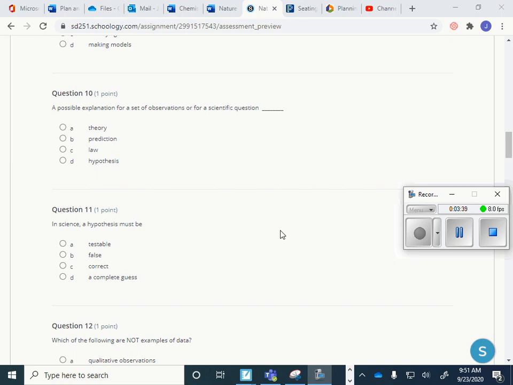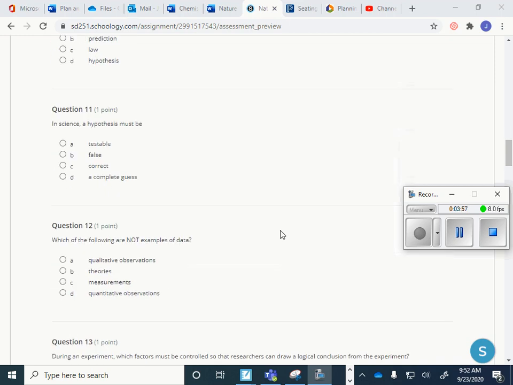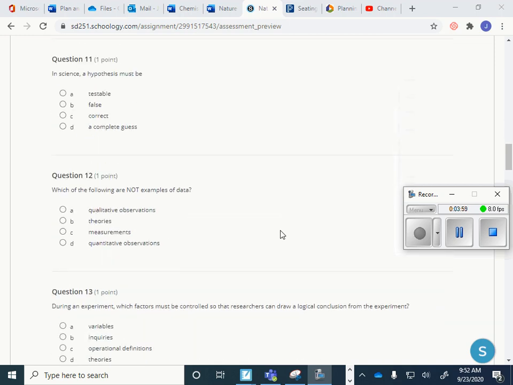A possible explanation for a set of observations or for a scientific question is either A, theory, B, prediction, C, law, or D, hypothesis. Question 11. In science, a hypothesis must be either A, testable, B, false, C, correct, or D, a complete guess.